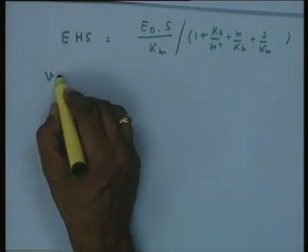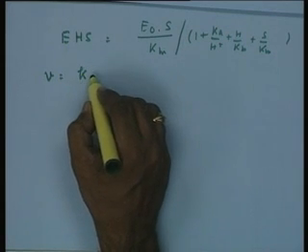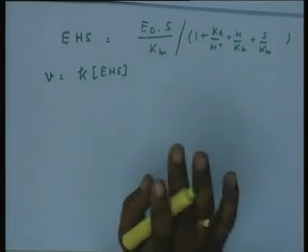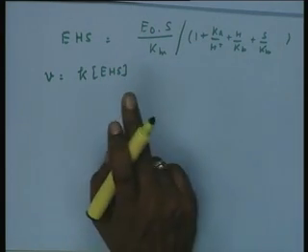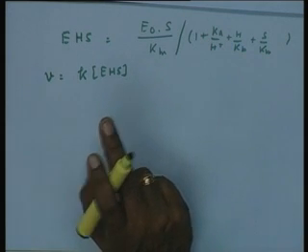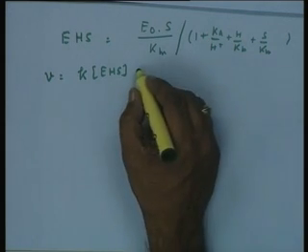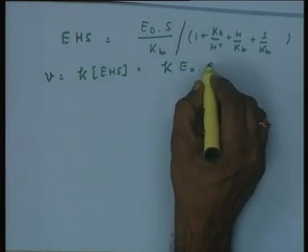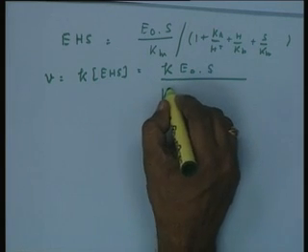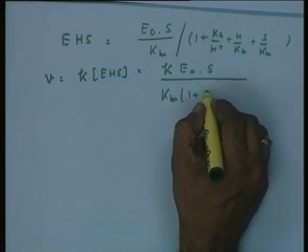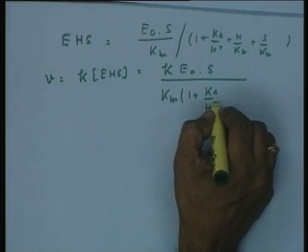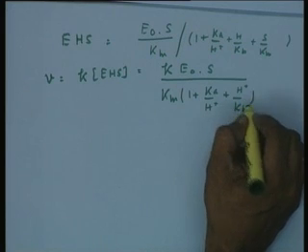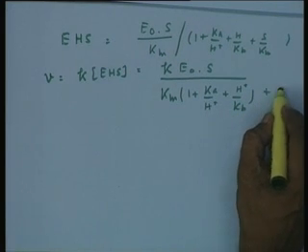Or your reaction velocity will be equal to k into EHS, the concentration of the enzyme-substrate complex bound to the doubly ionized enzyme, that is k into E naught into S upon Km, divided by 1 plus Ka upon H plus H upon Kb plus S.